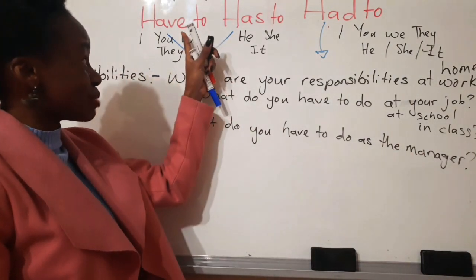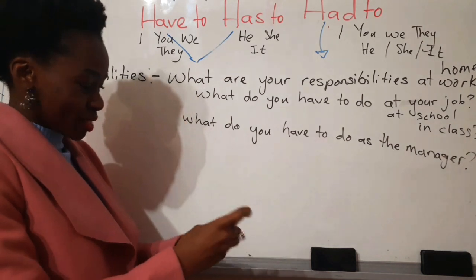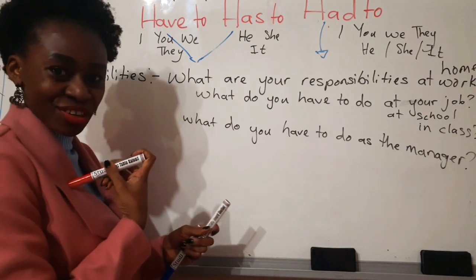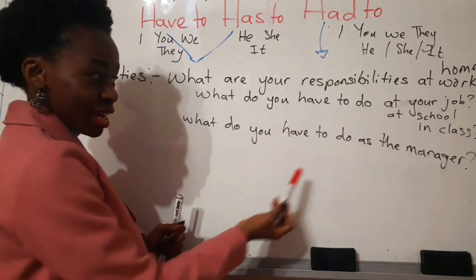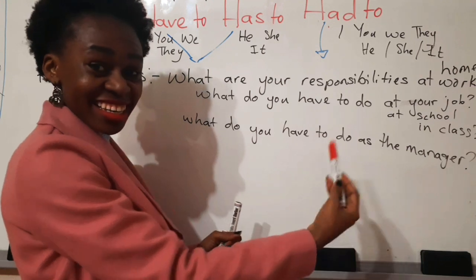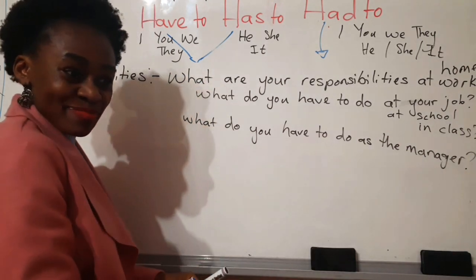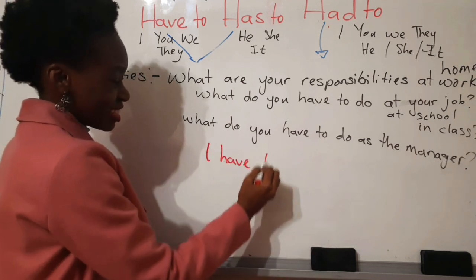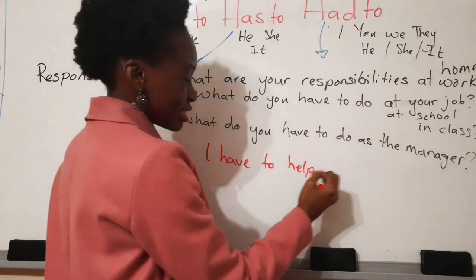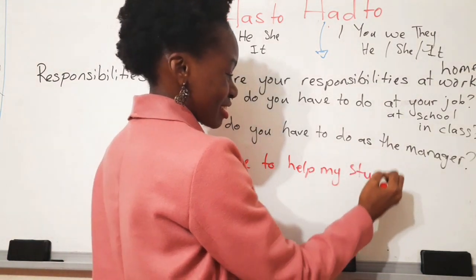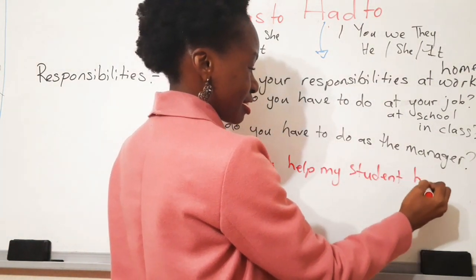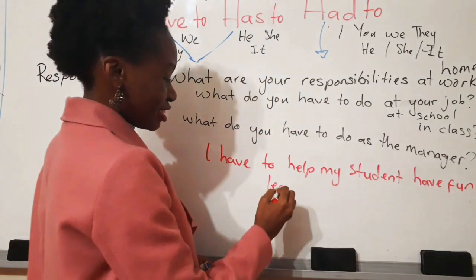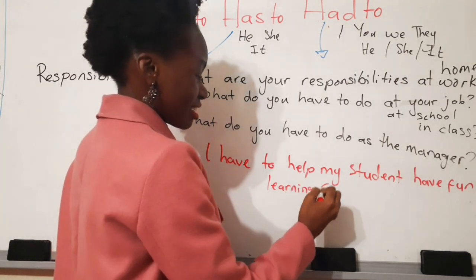What do you have to do? What are your responsibilities? So we say, for example, as the teacher, I have to help my students understand the English language. So I have to help my students have fun learning English.